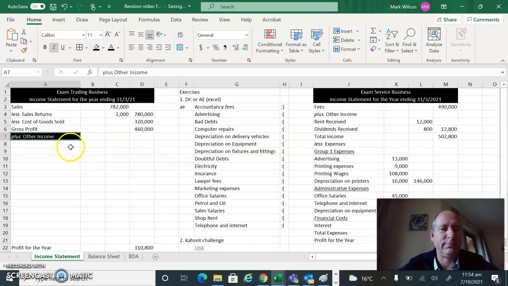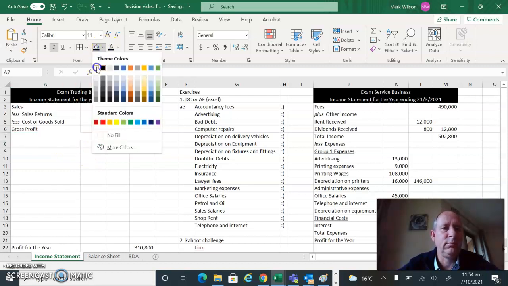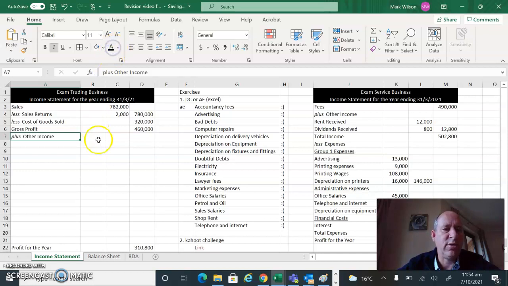Plus other income. Oh, did that the wrong way. Okay, and so the other income is just a heading. And so there's many of these. Can you remember 3 of them? Come up with some ideas. So these are on the credit side, and they will normally end up with received.